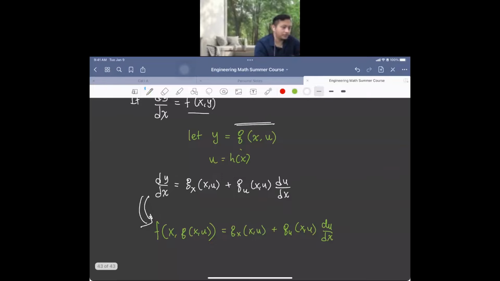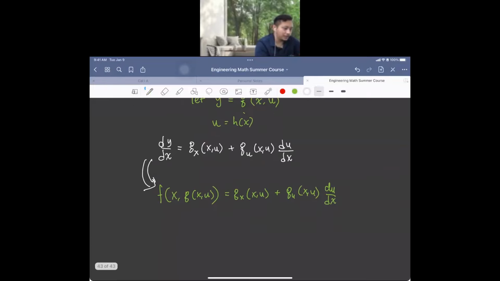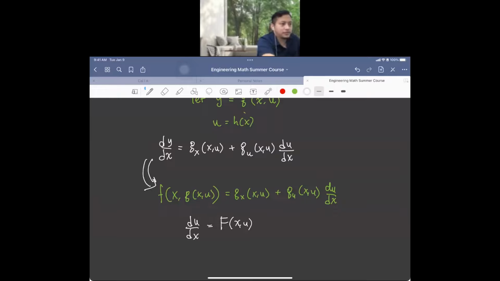If we try to solve for du dx, in the latter form, maybe we will have another function f with x, u as its variables.